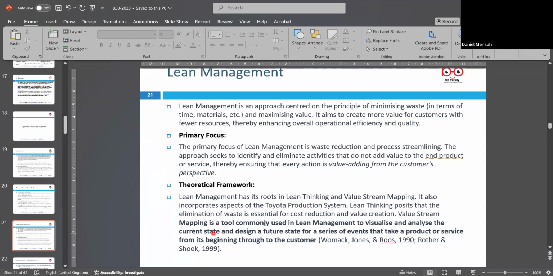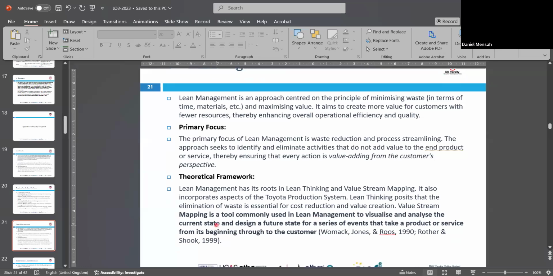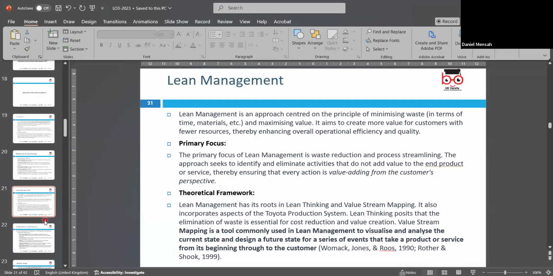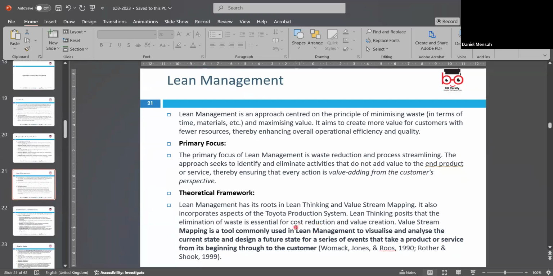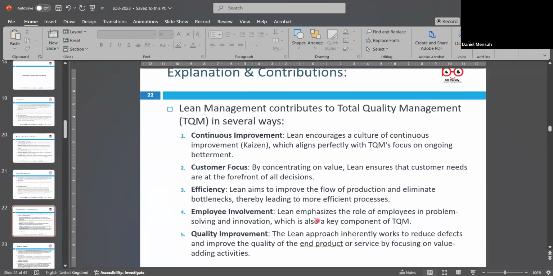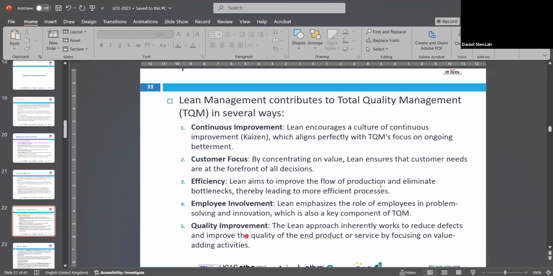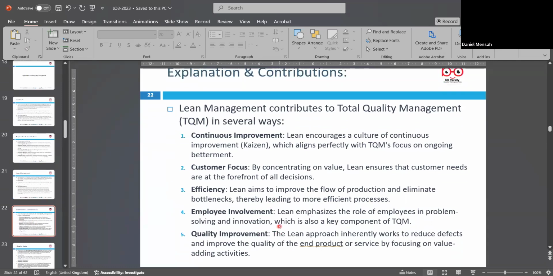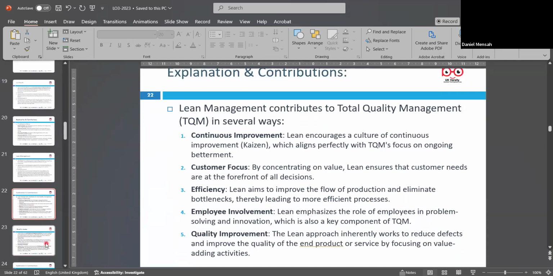They add that technique into lean management. It has to bring value to the processes, improve your processes, and contribute toward continuous improvement. So there is an implication, or you can say a benefit, in the field of operations management by utilizing the lean management approach.